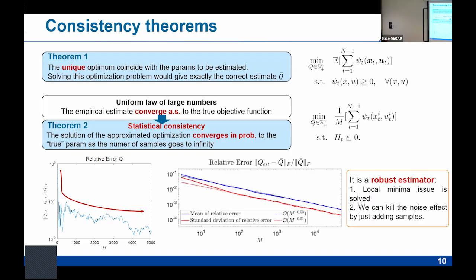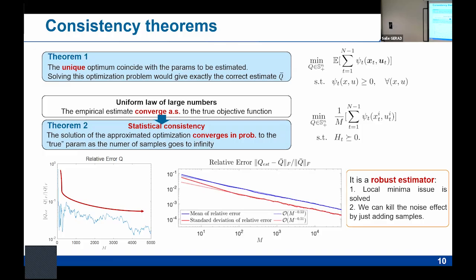Yes, because we can use the uniform law of large numbers, and we arrive at the result that the solution of the approximate optimization converges in probability to the true parameters. In this simulation you can see that the error goes down, and the convergence rate is like most M-estimators, on the order of m to the power of minus one half.